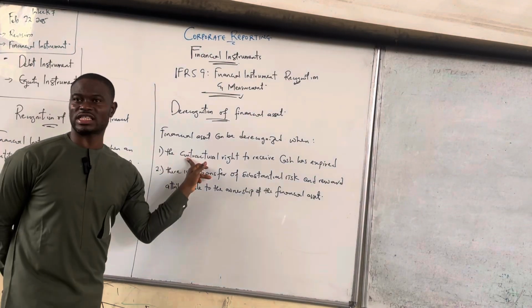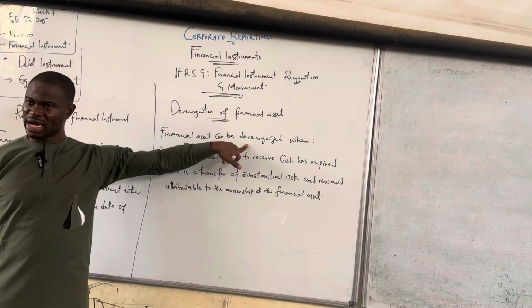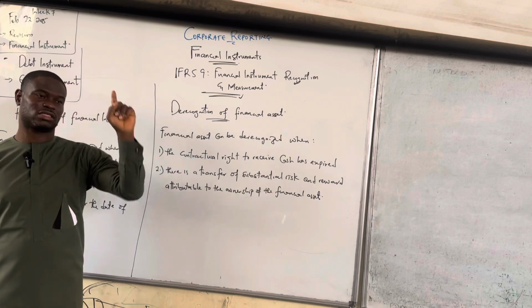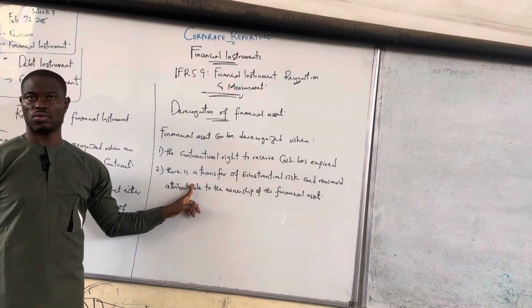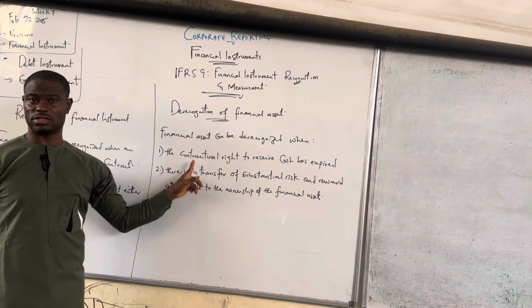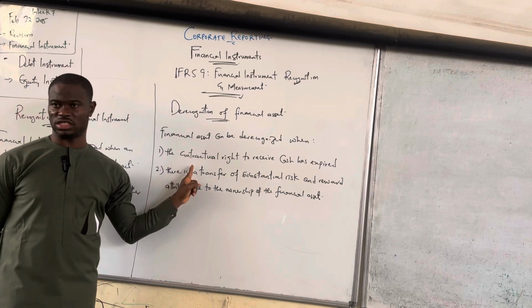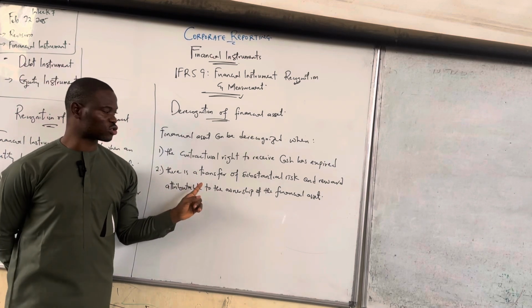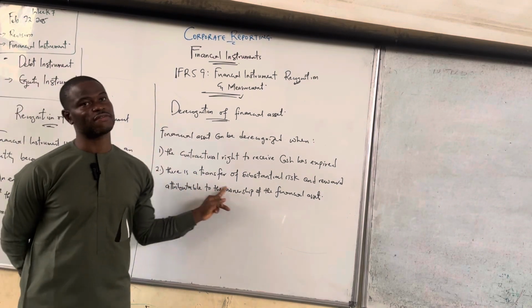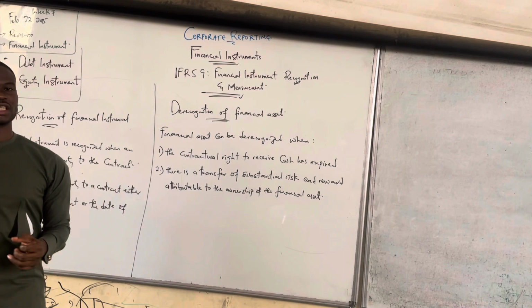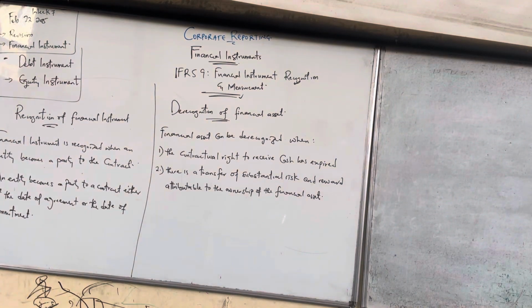As soon as that has happened, then you might derecognize it. But not only that, these two must occur. In addition to this, there must also be a transfer of substantial risk and reward attributable to the ownership of the financial asset.